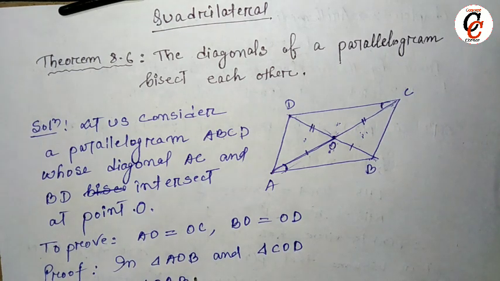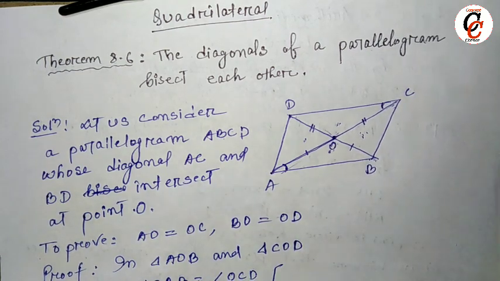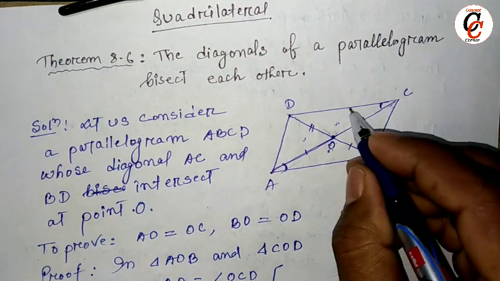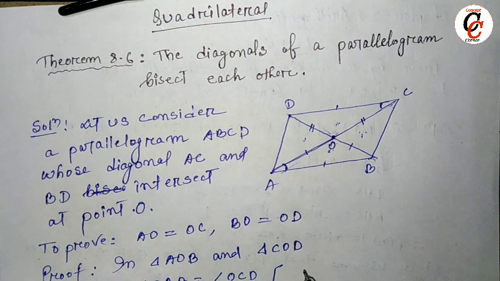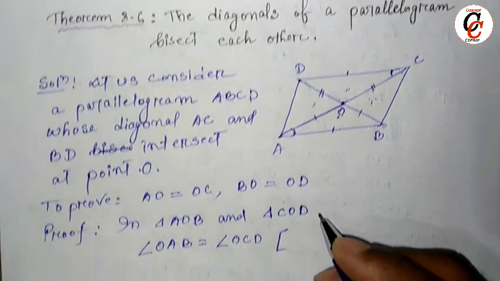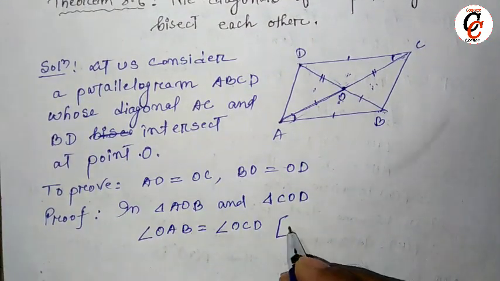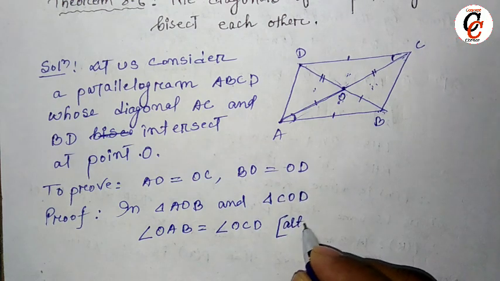Why? Because these sides are parallel. In a parallelogram, both the opposite sides are parallel. So we can write alternate angle here.